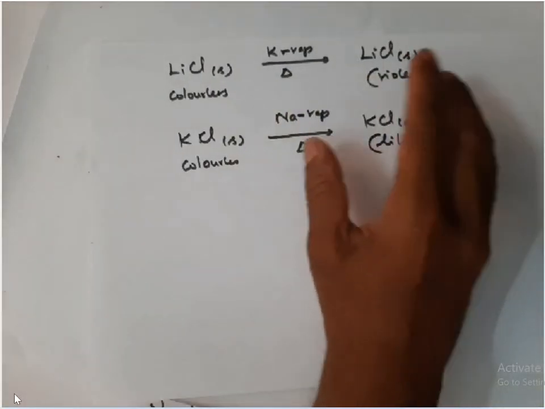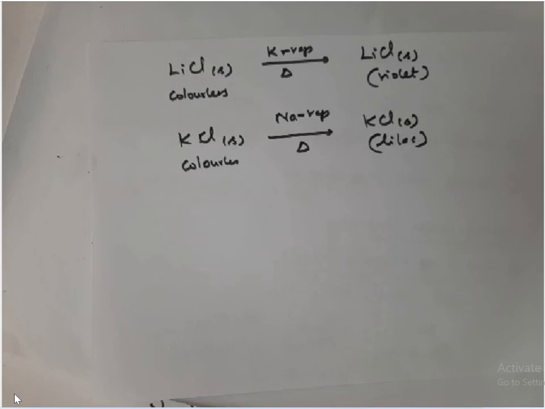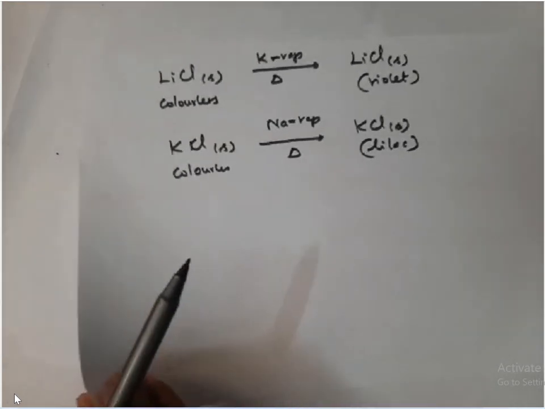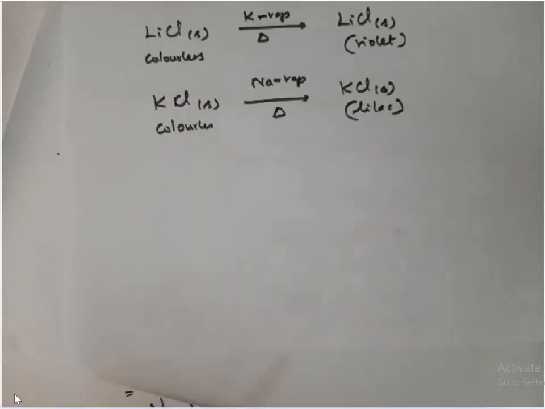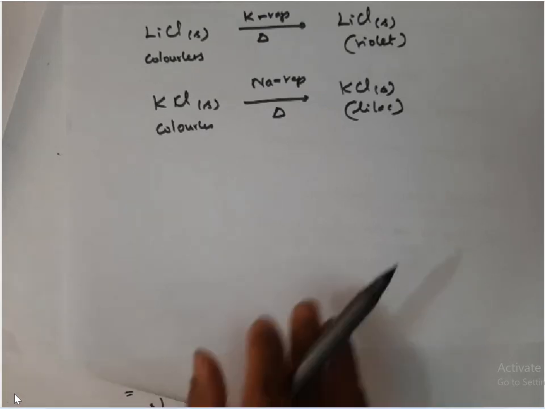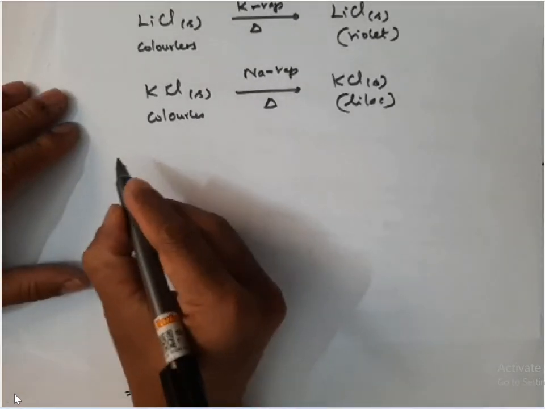What is the reason for this color? The color arises due to the electrons occupying the anion vacancy. Whenever electrons occupy an anion vacancy, we call the center a Farbe center. Listen, what's the reason for the color?